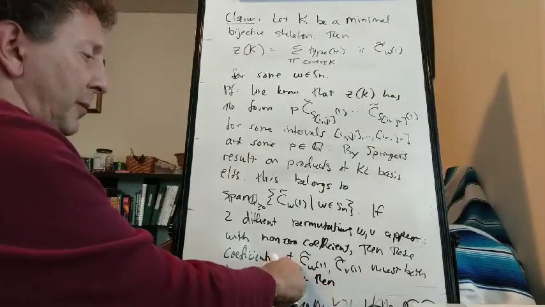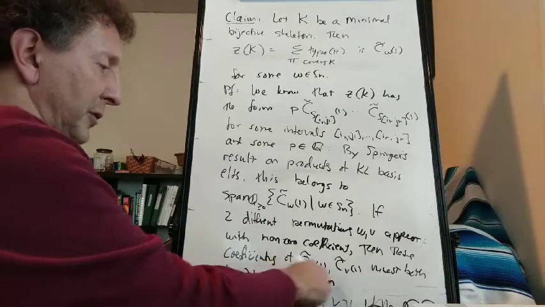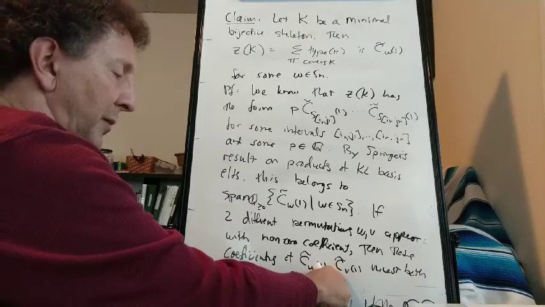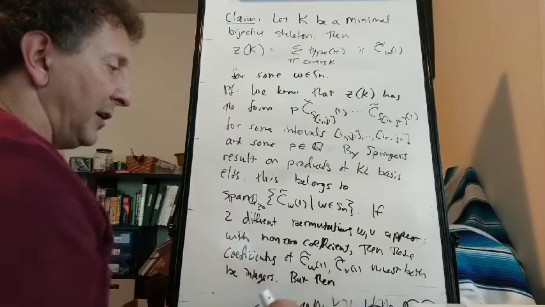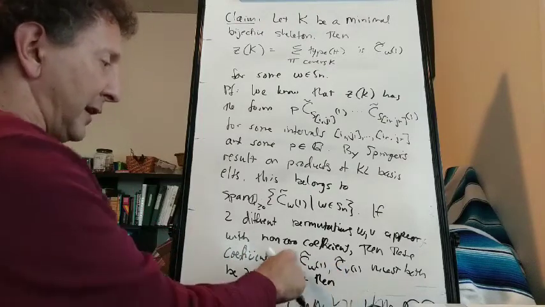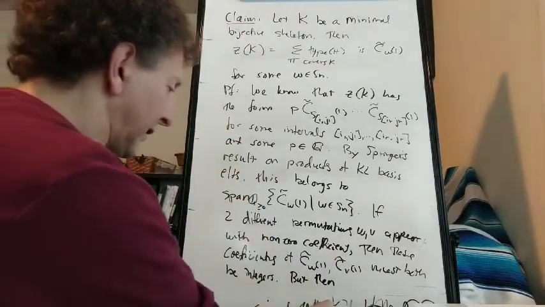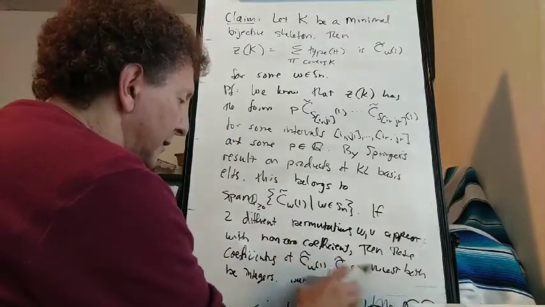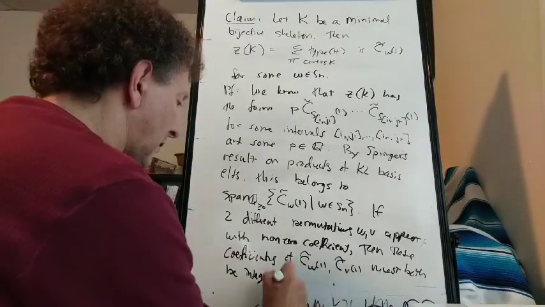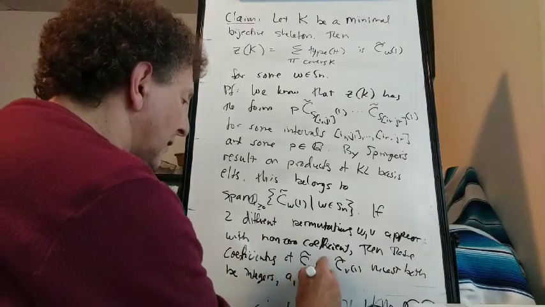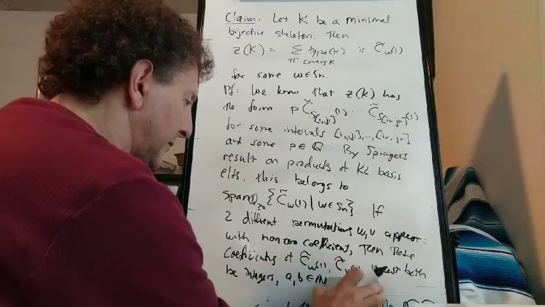Now this is a sum of all permutations less than or equal to W, and this is a sum of permutations less than or equal to V. So those coefficients, let's say they're A and B, and they're both non-negative integers.